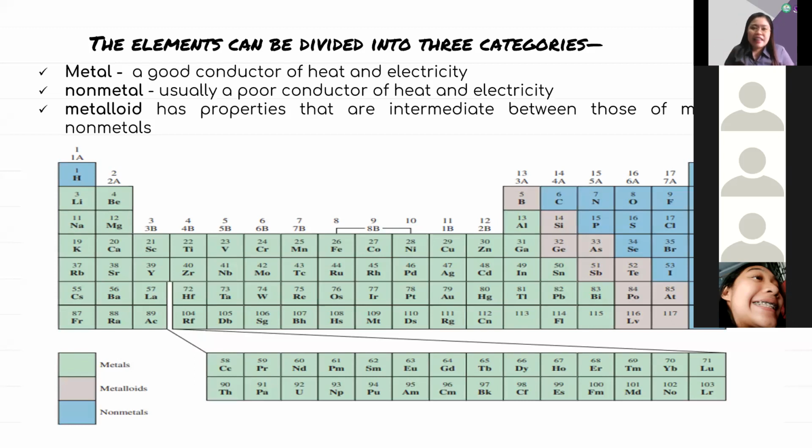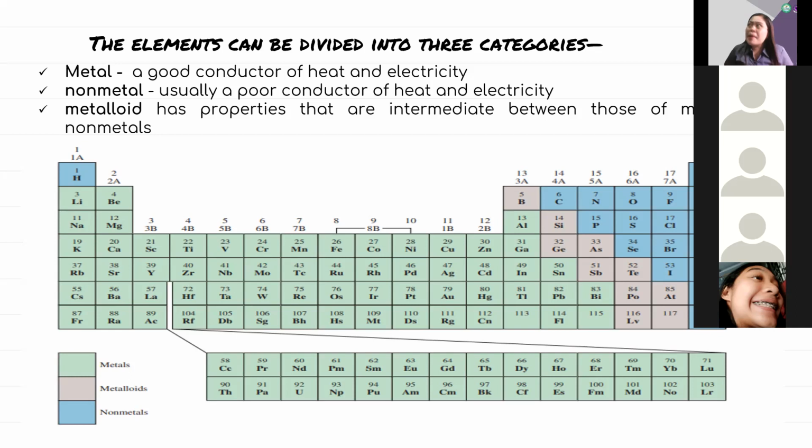So in the screen class, you have there your reference. Alin ba talaga yung mga metals, the non-metals, and the metalloids. The green ones, and yan yung pinakamarami natin in the periodic table. These are the metals. Okay, yung mga naka-green, these are all the metals. So please take note of that also para sa naming natin, you will be guided.